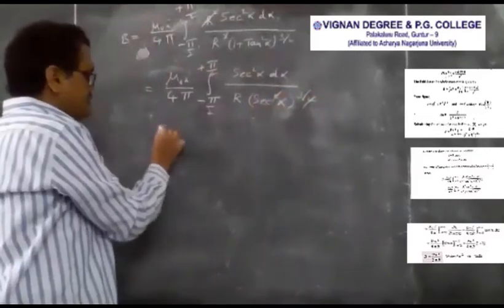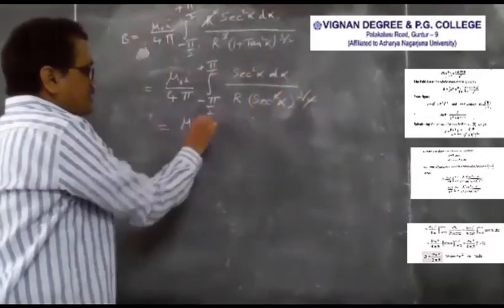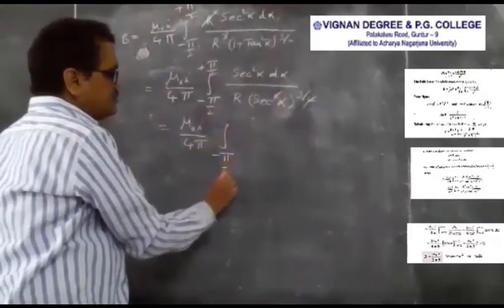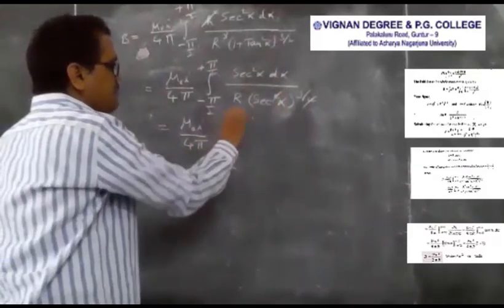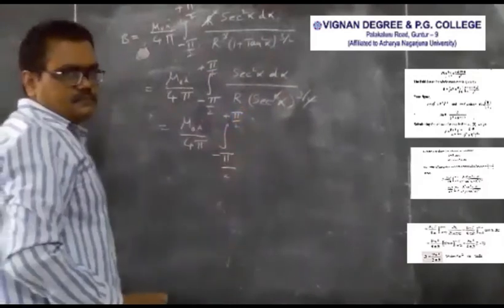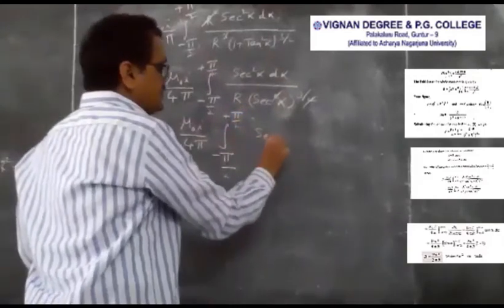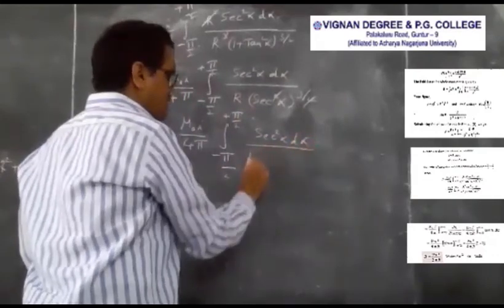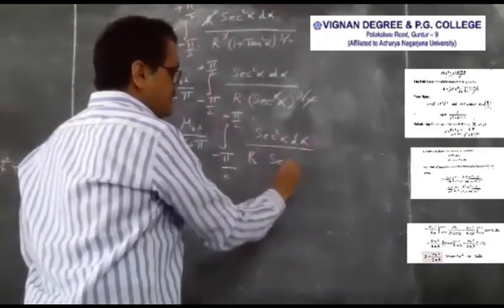By simplifying this, we get mu naught I by 4 pi integral from minus pi by 2 to plus pi by 2, secant square alpha d alpha by R secant cube alpha.